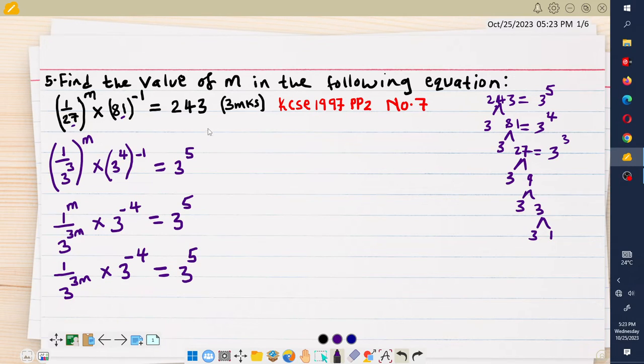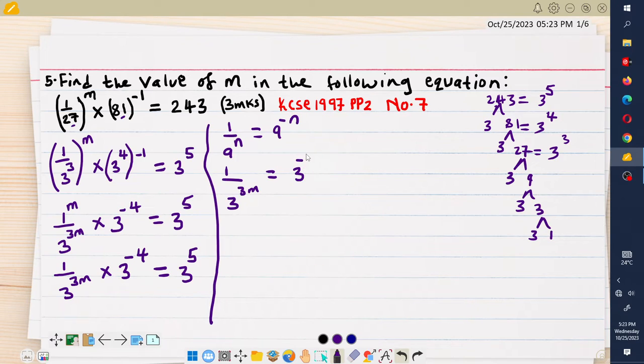From there, I'm also going to apply the laws of indices. Remember, we said that whenever you have 1 over a to the power of n, this is the same as saying a to the power of negative n. So similarly, 1 over 3 to the power of 3m is the same as saying 3 to the power of negative 3m.